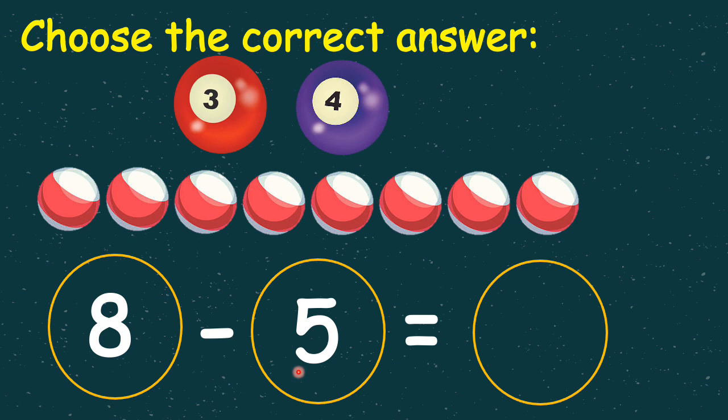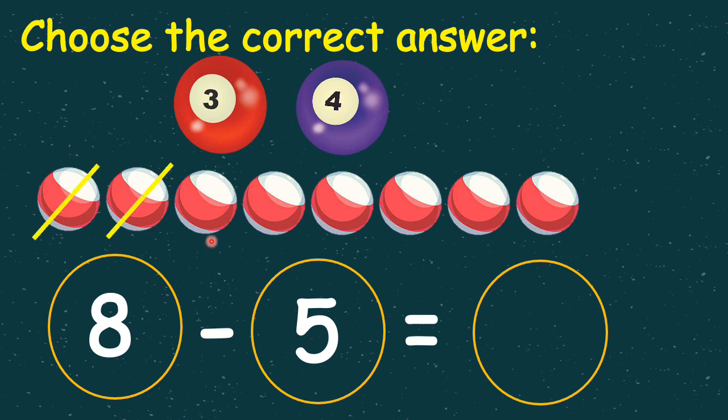We shall cross the balls. So how many should we cross? We should cross 5. So we will draw lines to cross them out. Okay. So 5 we need to cross. So count along with me and start crossing.